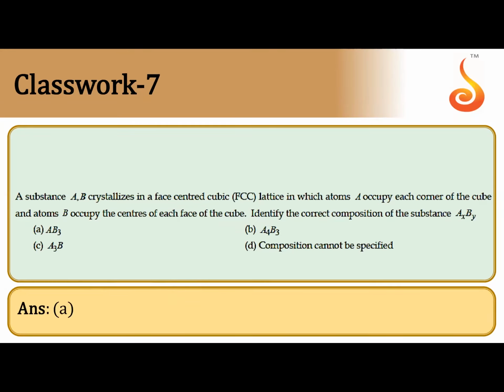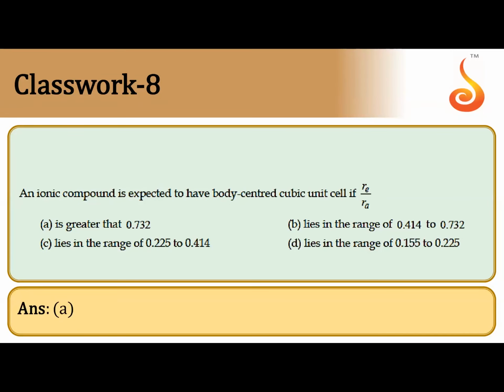Question number 8. An ionic compound is expected to have a body-centered cubic unit cell if the ratio of cation and anion is. So this is body-centered cubic. If it lies between 0.414 to 0.732, this is referring to octahedral. If it is 0.225 to 0.414, it is referring to tetrahedral.